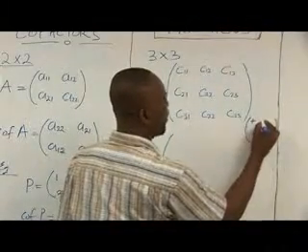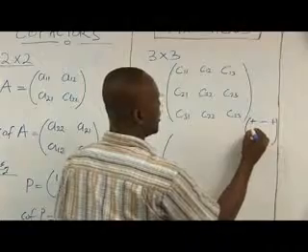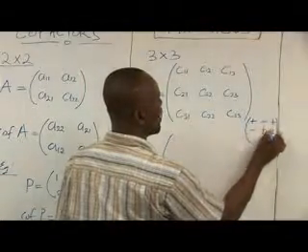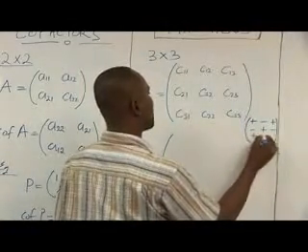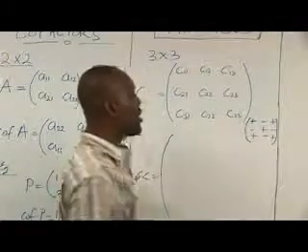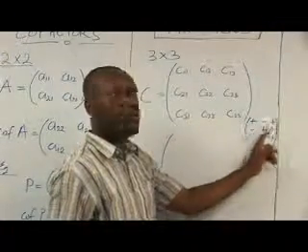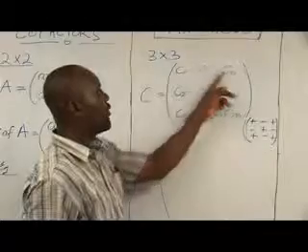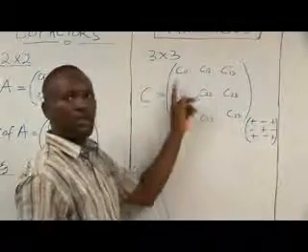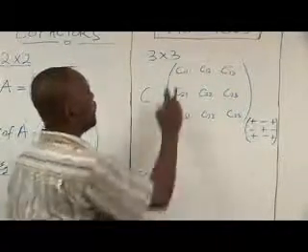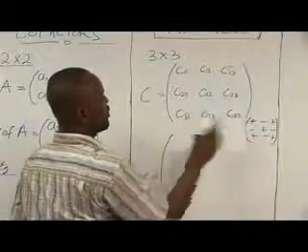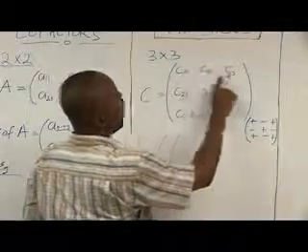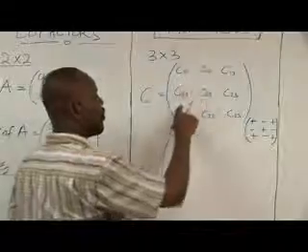For a 3 by 3 matrix, we have plus, minus, plus. Here we have minus, plus, minus, and here we have plus, minus, plus. In this case, we are going to use all of them because we'll be finding the minor for every element in the matrix. For C11, of course, that's positive. We rule out row 1 and rule out column 1.